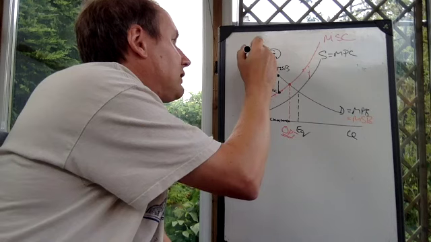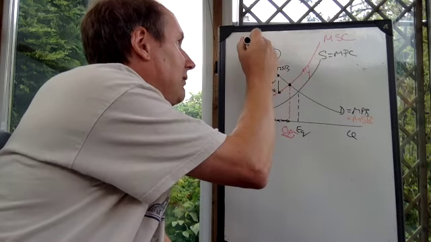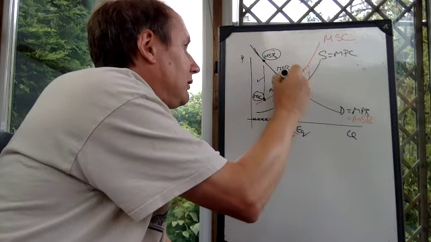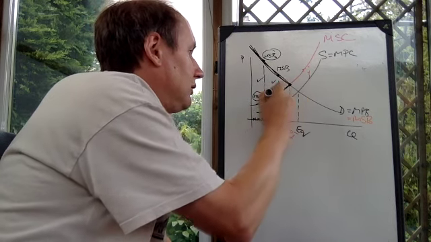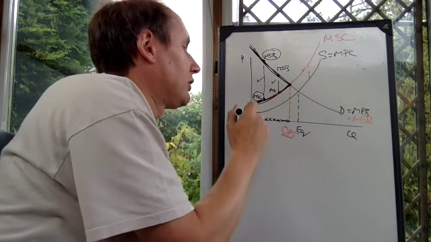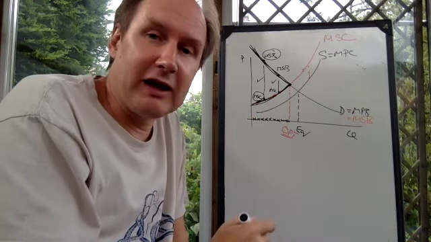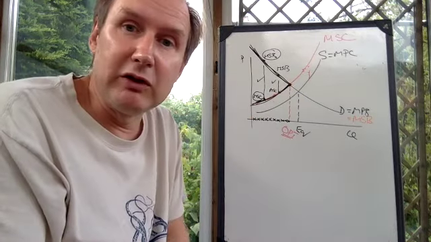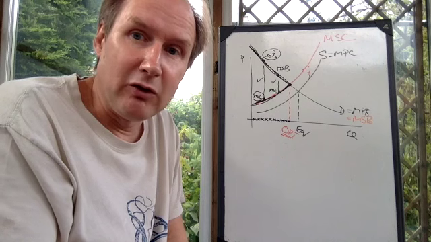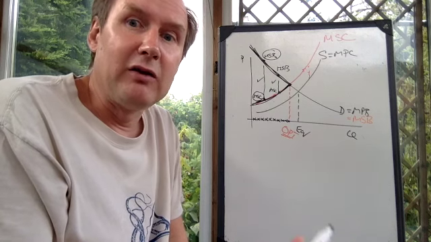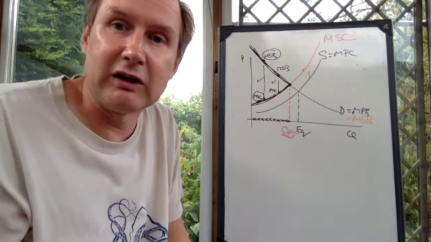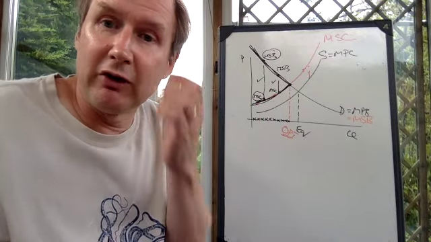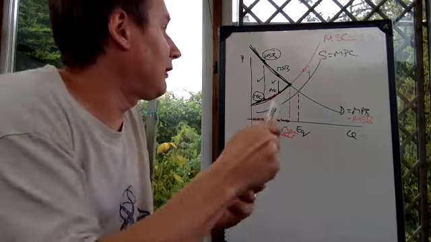All of these units, up to that point there, have social benefit greater than social cost. Therefore, if we stopped there, community surplus would be maximised. All of the units made add more to benefit than they do to cost when all costs are taken into account. Unfortunately, however, we don't stop at the optimum level.